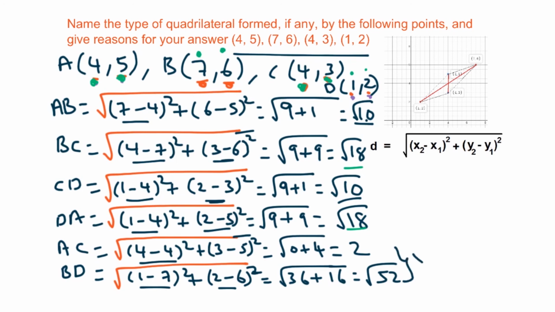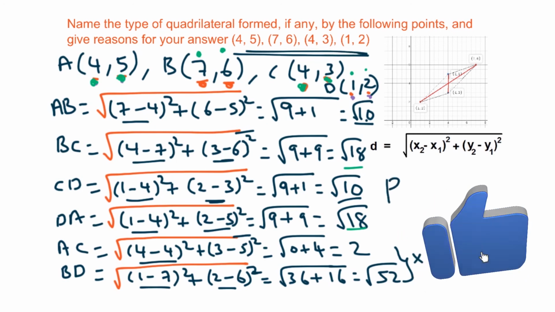Clearly the diagonals are not equal. So the figure obtained by joining these points, the quadrilateral, is a parallelogram.